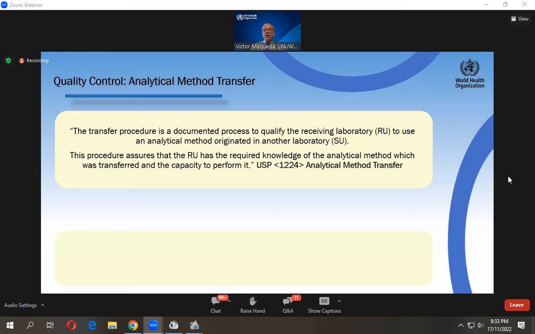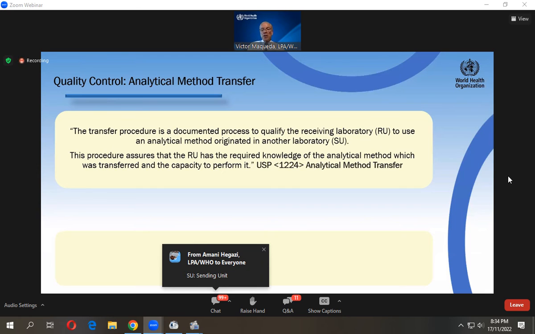So in order to give some definitions, we say that the transfer procedure, of course, talking about analytical methods, is a documented process to qualify the receiving lab to use an analytical method originated in the sending unit lab, right? This procedure assures that the receiving unit has the required knowledge of the analytical method, which was transferred, and the capacity to perform it.